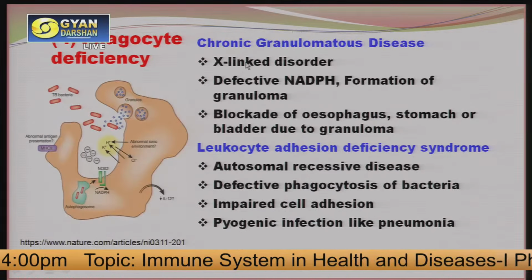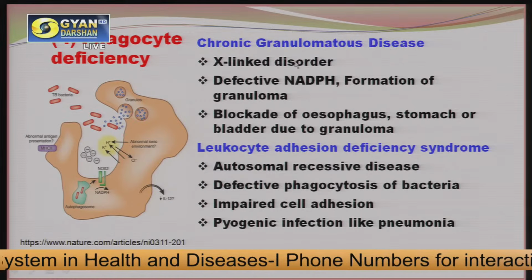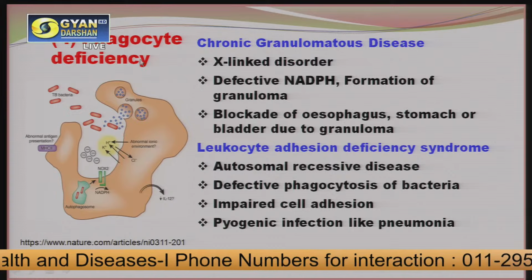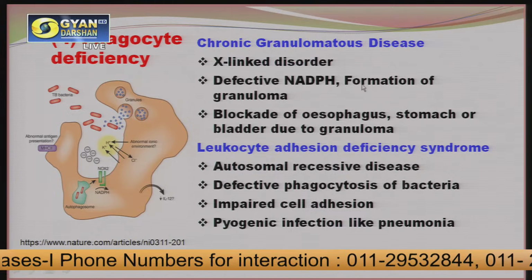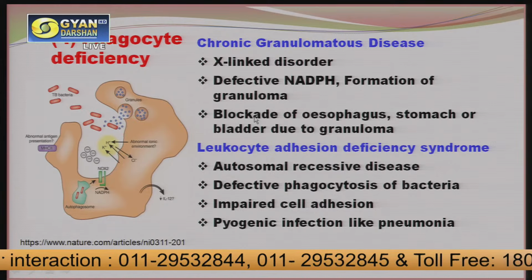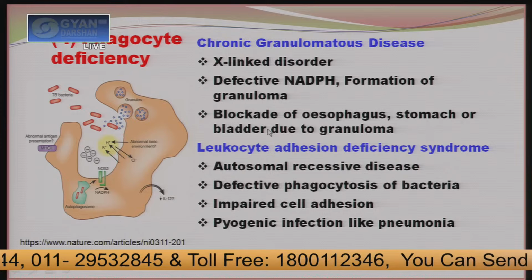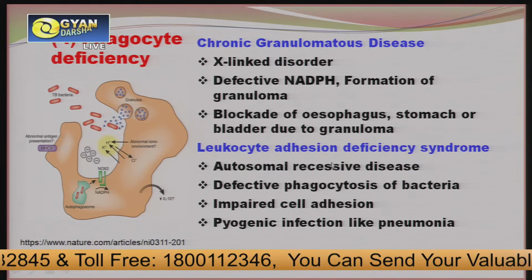And phagocytic deficiency: chronic granulomatous disease is an X-linked disorder with defective NADPH, formation of granuloma, and blockade of the esophagus, stomach or bladder due to the granuloma.